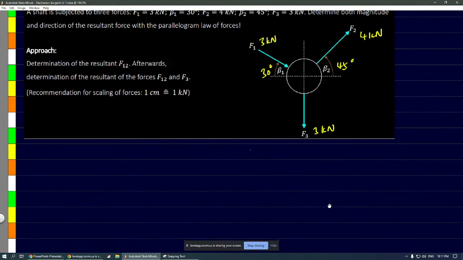So according to the parallelogram law, what we have to do is take the first force like this. This is F1, right? And then the second force is going upwards here like this, F2. The third force has to come down.